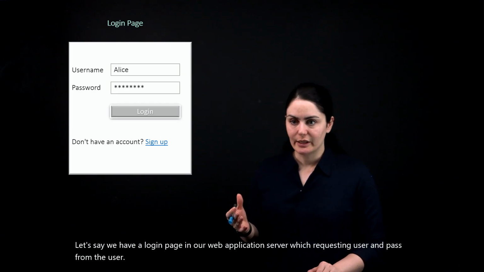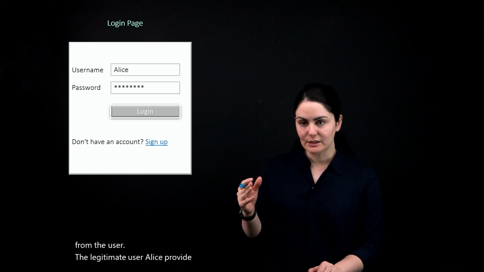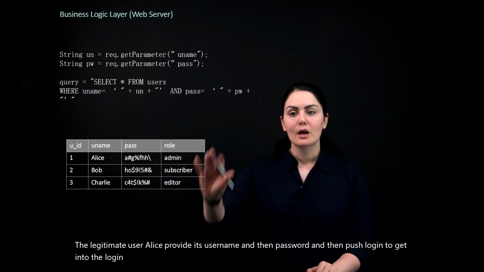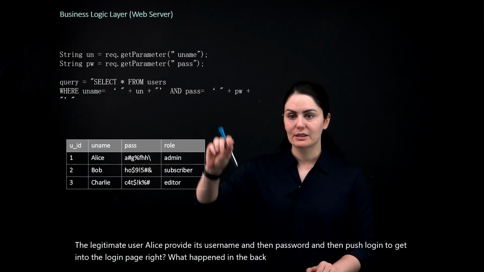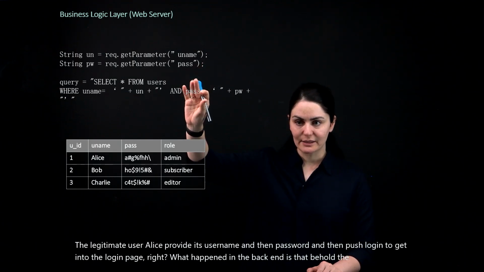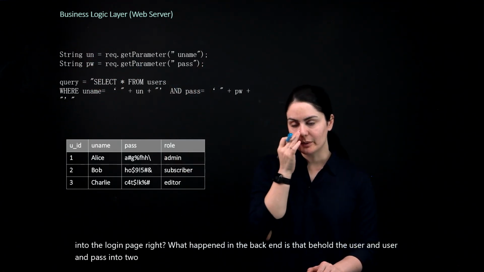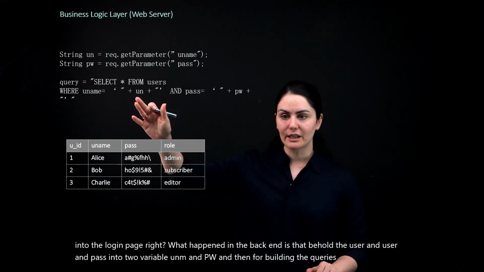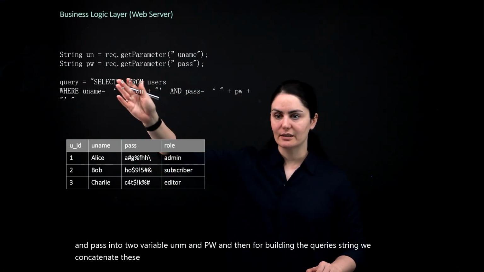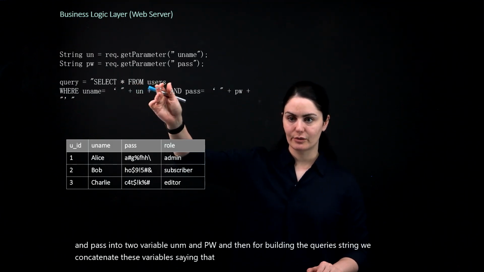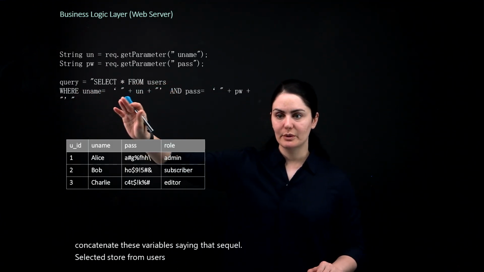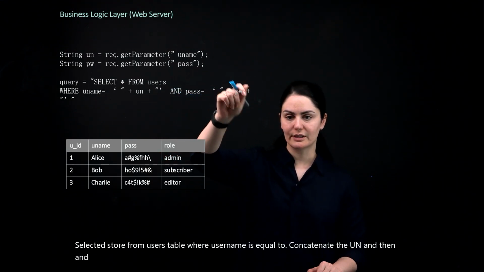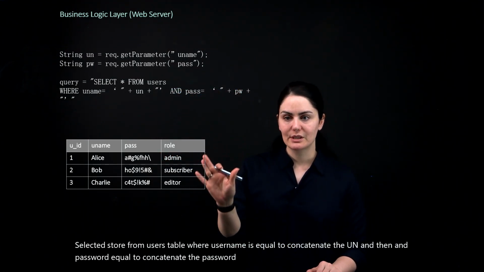The legitimate user Alice provides her username and then password, and then pushes login. What happens in the backend is that we hold the username and password in two variables, un and pw, and then to build the query string, we concatenate these variables: SQL select star from users table where username equals un, and password equals pw.